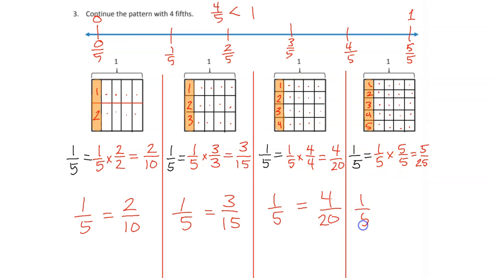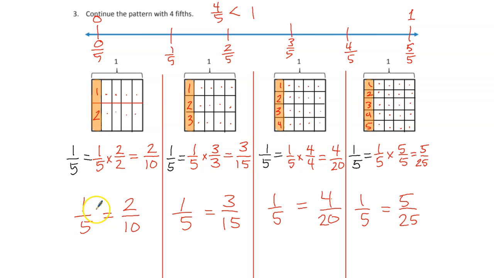If you notice all of my numbers: 1 times 2 is 2. 5 times 2 is 10. 1 times 3 is 3. 5 times 3 is 15. 1 times 4 is 4. 5 times 4 is 20. 1 times 5 is 5. 5 times 5 is 25.